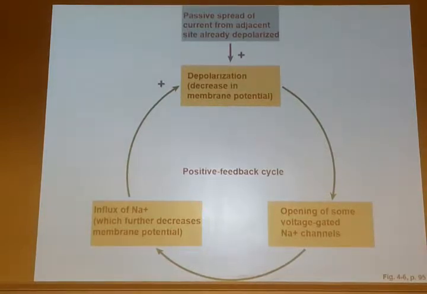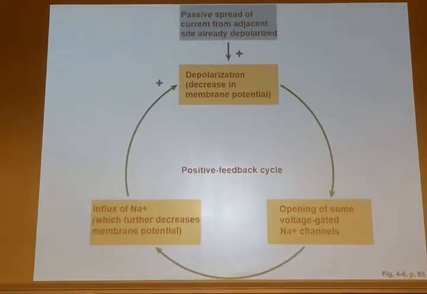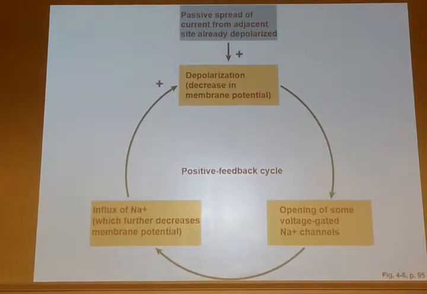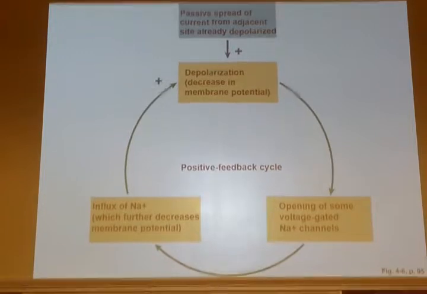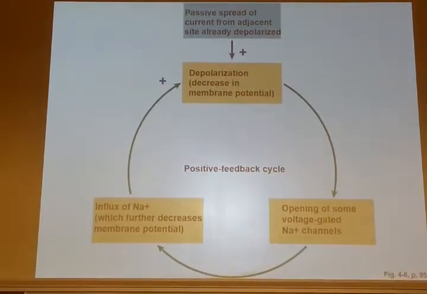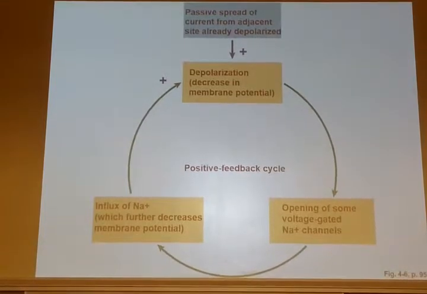When you talk about something getting more negative, you talk about an increase in the membrane potential. When you talk about a decrease in the membrane potential, you're getting less negative, and going towards threshold, you're going towards zero.